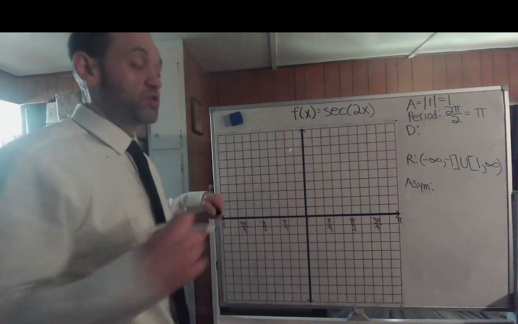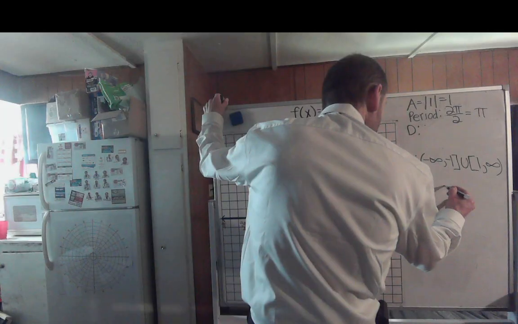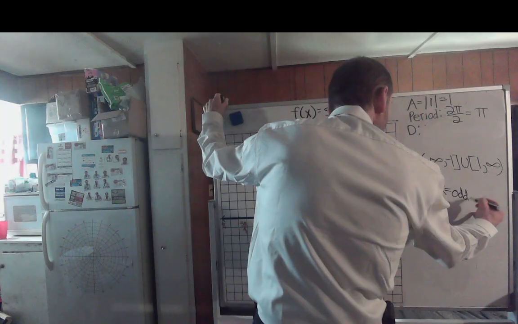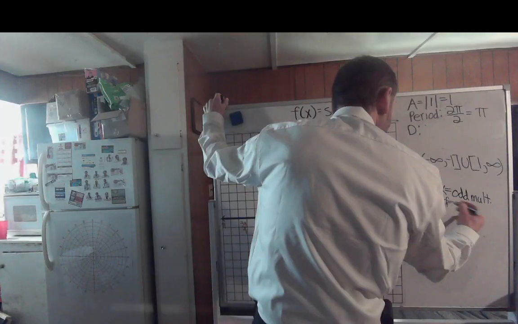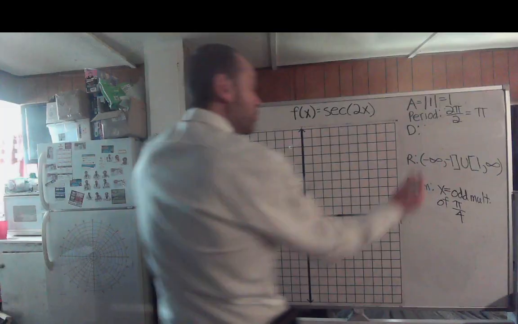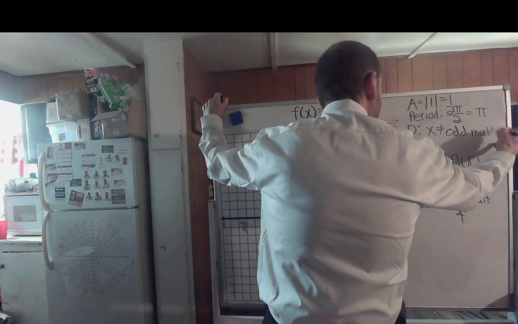Your asymptotes will also be at odd multiples of pi over 4. So x equals odd multiples of pi over 4 will be your asymptotes, which means the domain is all reals except x not equal to odd multiples of pi over 4.